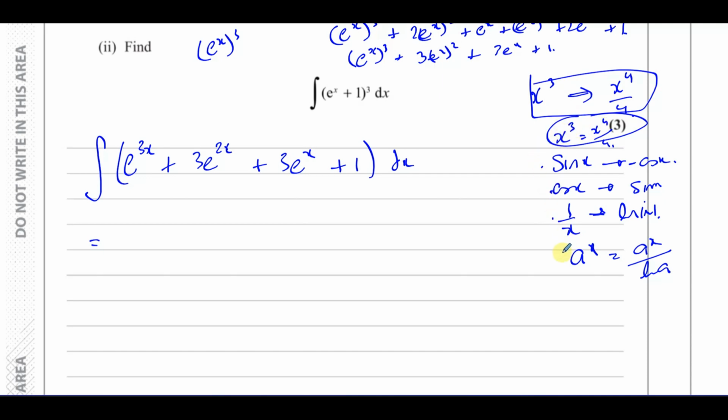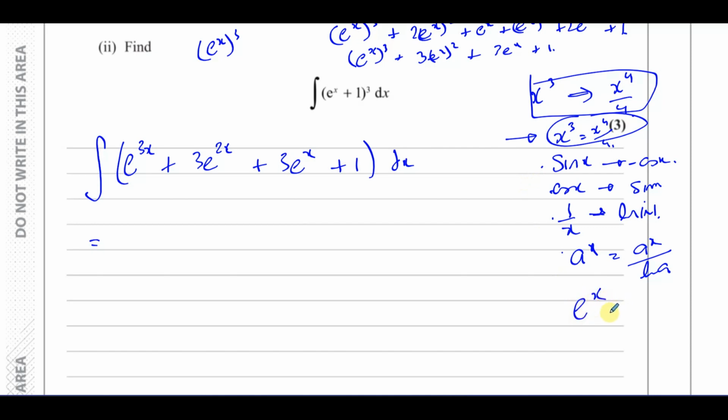But these others came in P3. So not everything integrates by adding 1 to the power and dividing by the new power, and not everything differentiates by multiplying by the power and taking 1 from the power. That's only one type of integration and one type of differentiation. Different types of functions integrate in different ways, so we have to know how they integrate.